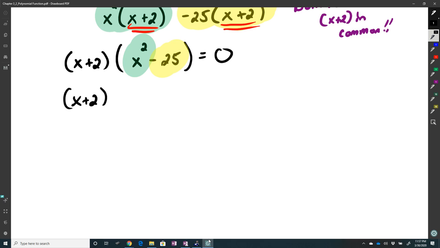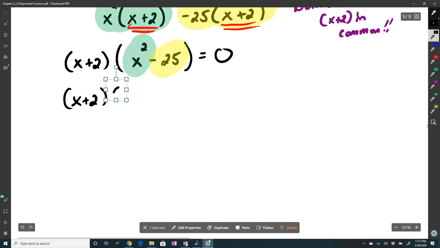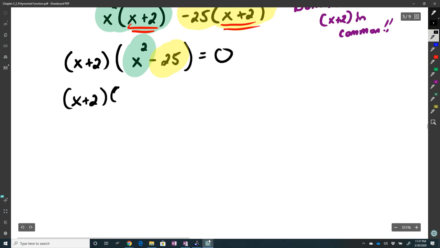So anyway, this is actually a nice factor. So x squared minus 25 is x plus 5, x minus 5. I'm so used to writing not equals because of domain.